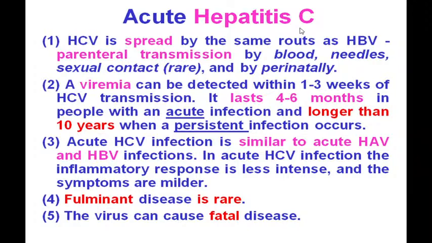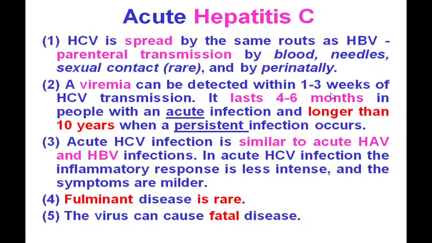Hepatitis C spreads by the same routes as hepatitis B, but transfer through sexual contact is extremely rare. Only 3 to 5% can be transmitted sexually; it is mainly transmitted by blood and needles, and perinatal transmission is also common.